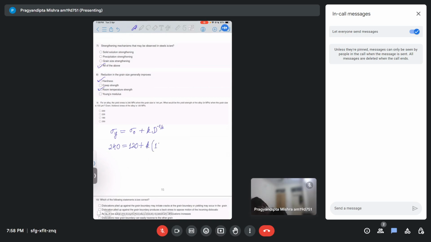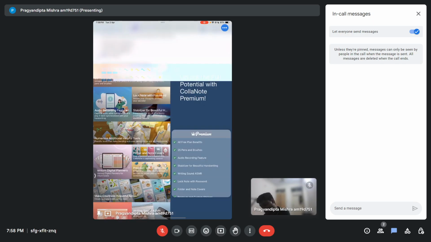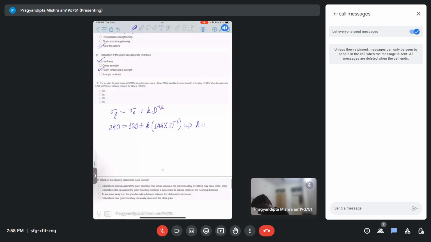Once we find that k, we can substitute it back into the second half, sigma y2, which is 120 plus k into 100 into 10 power minus 6, to the power minus half. So let me first find the k value.